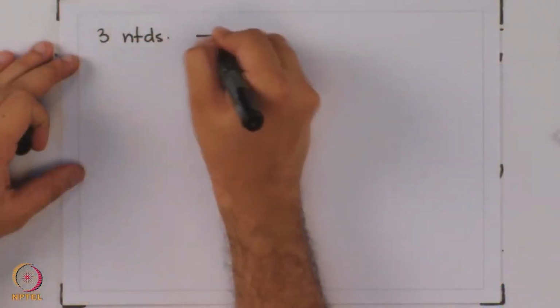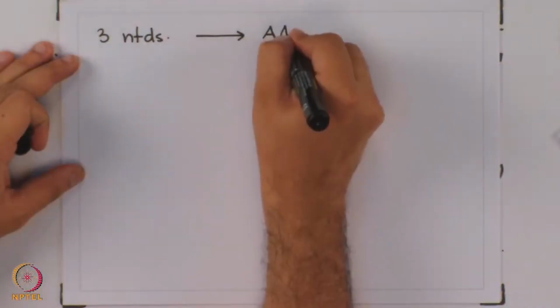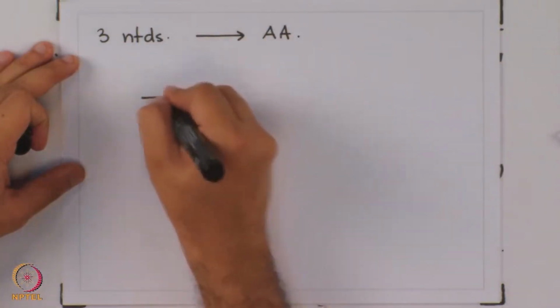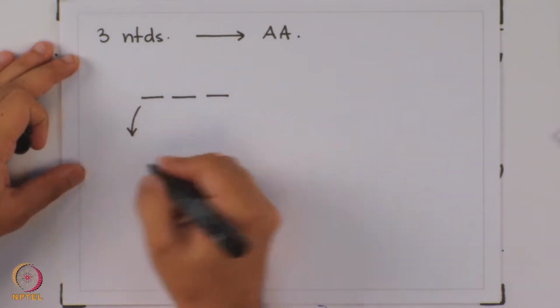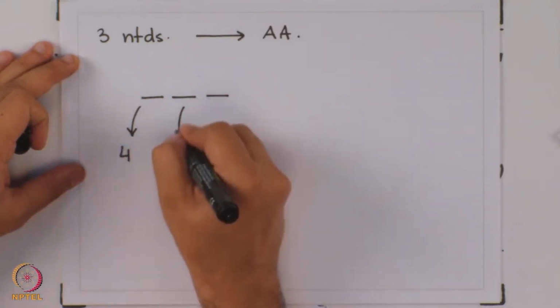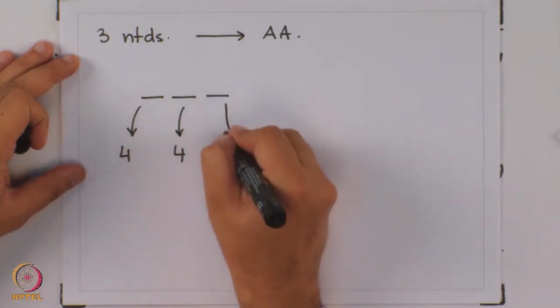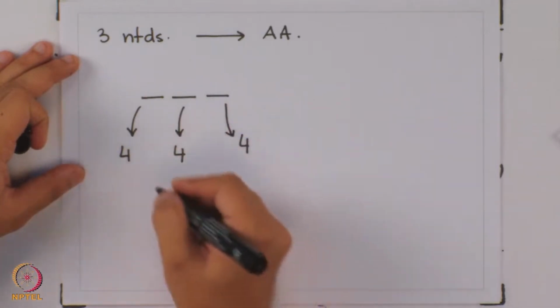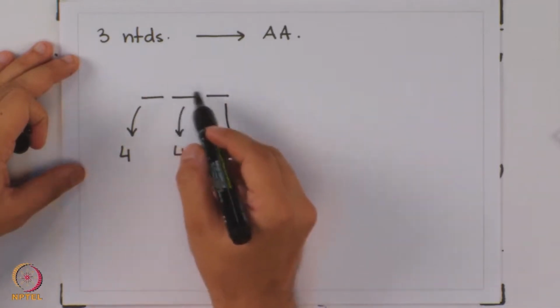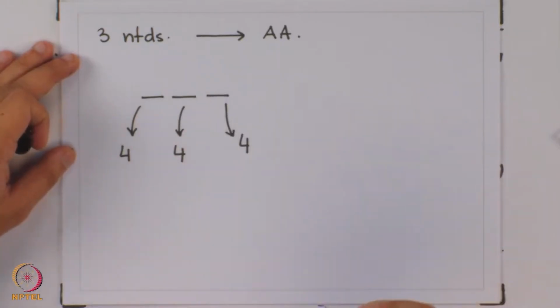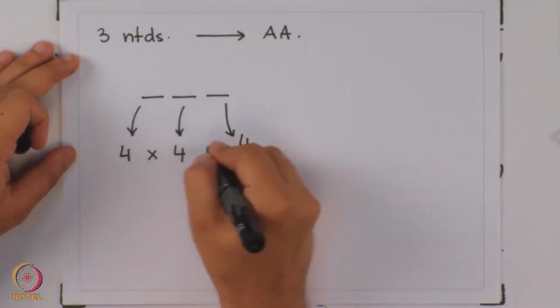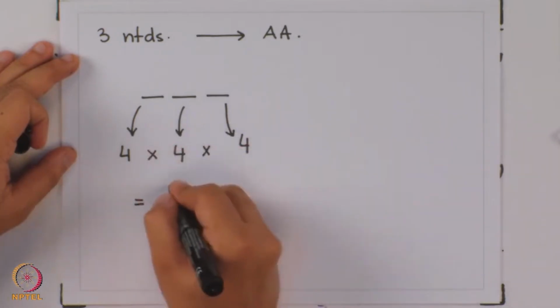Now we have 3 nucleotides corresponding to an amino acid. To fill the first place we have 4 options, the second place we have 4 options, and the third we have 4 options. So the number of distinct triplets that we can generate from DNA sequences, where each triplet is 3 nucleotide bases, is 4 cross 4 cross 4, which is equal to 64.